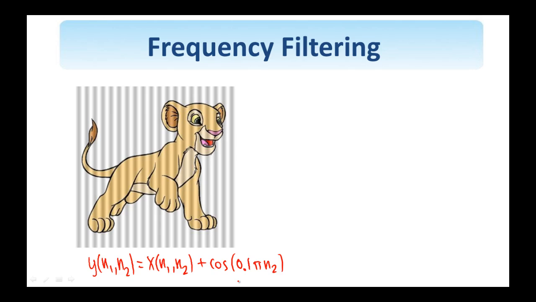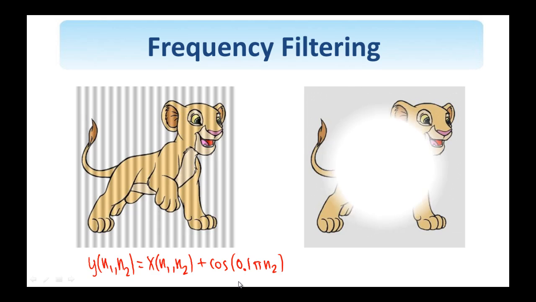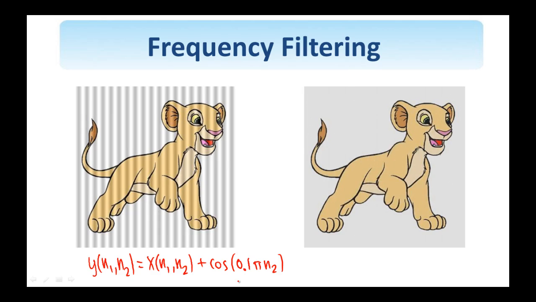So if one can estimate the frequency of this sinusoid, we can design a notch filter, as it's called, that will allow all frequencies in the image pass through the filter unchanged, except the frequencies where the sinusoid is located, which will be rejected. So it only rejects the minus 0.1 pi and plus 0.1 pi frequency in the omega 2 dimension. So we do that and come back to the spatial domain, and the resulting image is this one. So we see that the little guy who was behind bars now has been freed.